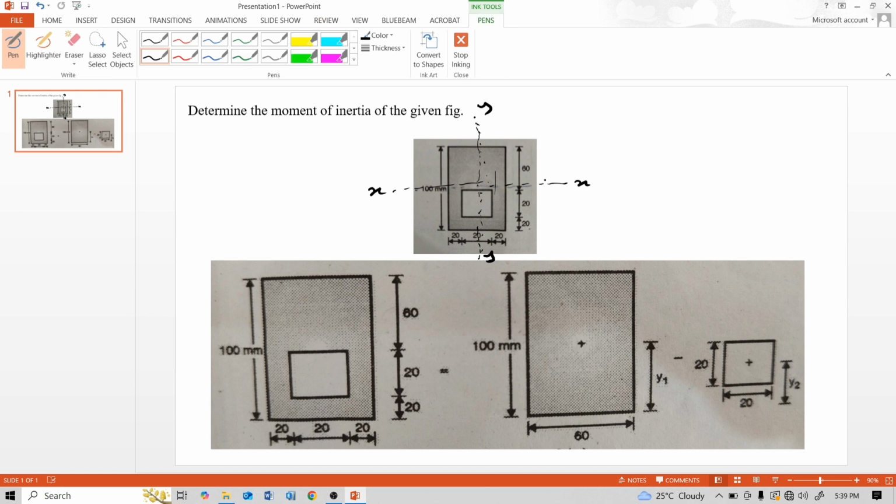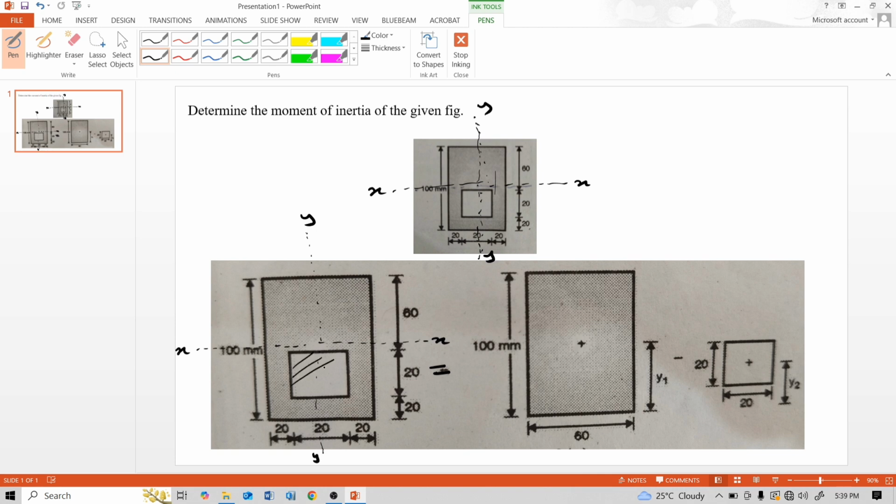Due to this asymmetry in the x-axis upward side and downward side, the solving methodology is different for this numerical. To find the centroid of this original section, x and y, first consider the full rectangle.